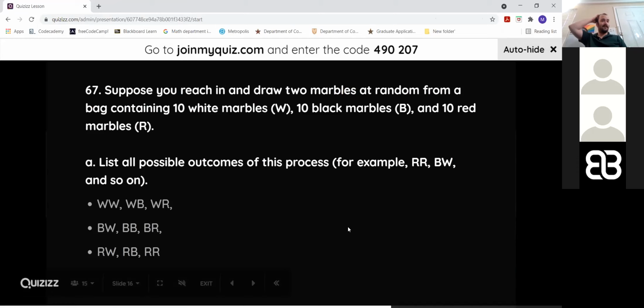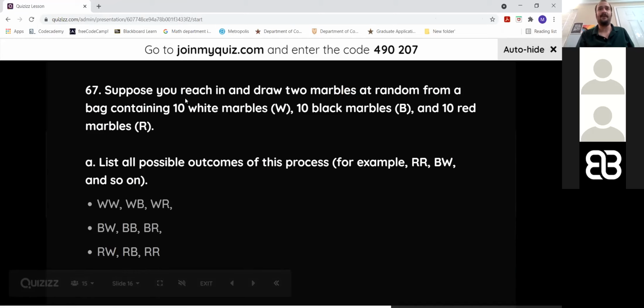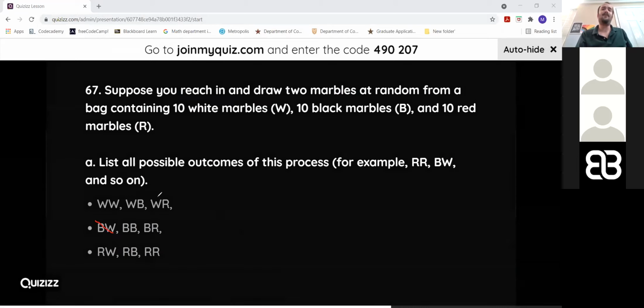If we didn't care about the order, we would have to kind of mark through these. So there are 9 different permutations. Like you're saying, white, black and black, white would be the same then, right? White, red and red, white would be the same. So if we didn't care about the order, some of these would absolutely be repeats. But order here is important. So black, red and red, black would be the same, and I think we would have 3, 4, 5, 6 different combinations if we thought about the combinations that we could pick.